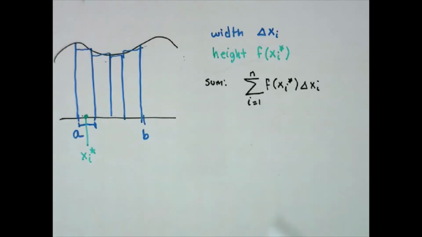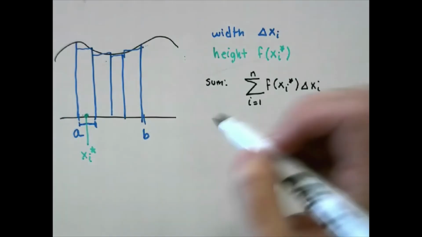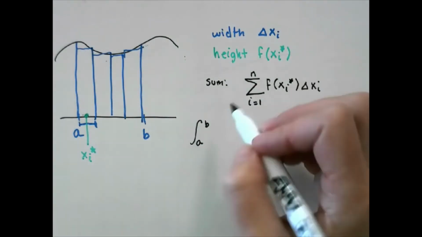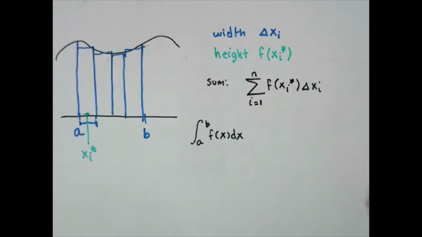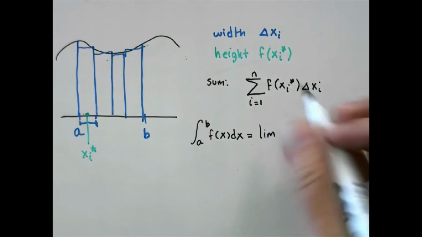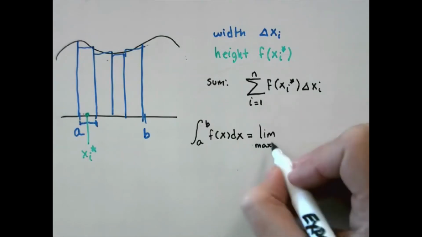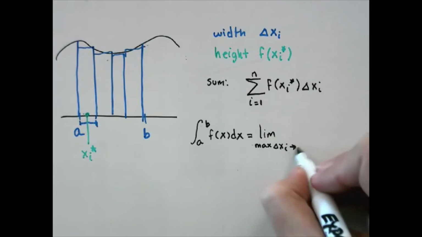Well, what we're looking for is the width of these rectangles to get really, really small. So the integral from a to b is the limit as the maximum delta xi goes to 0.